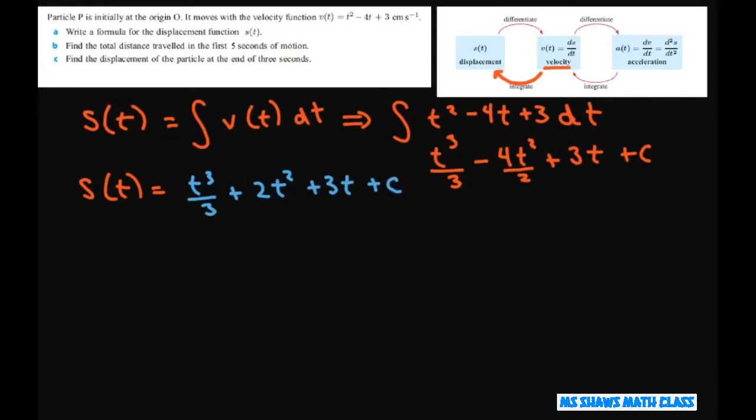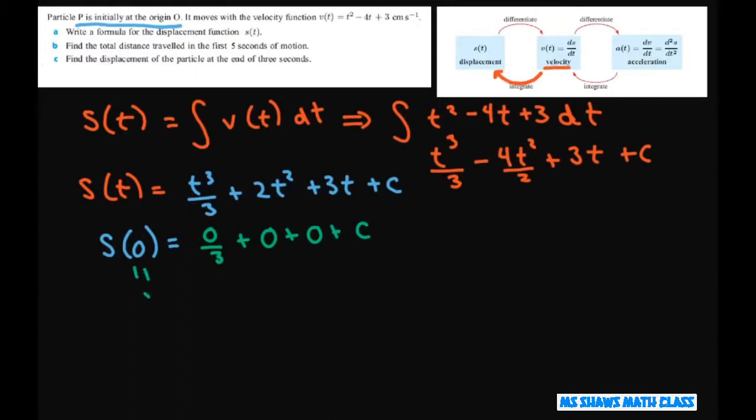Now to find the final formula, we know that we're given that the particle initially is at the origin. So we know that s of 0, at time 0, is 0. So when you plug in 0 into all these t's, you get 0 divided by 3 plus 0 plus 0 plus c.